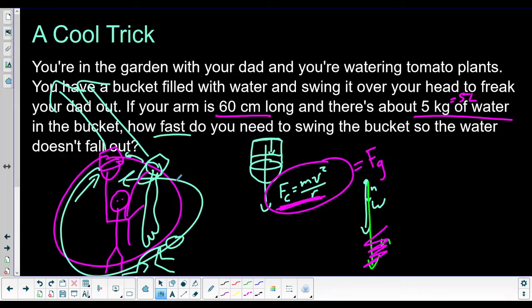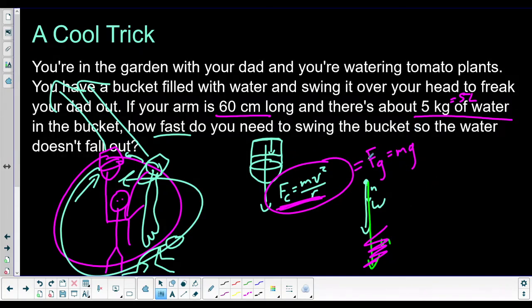You can think of it like we can reduce the normal force by swinging slower, but we can't get rid of gravity. So if it's not going in a fast enough circle, then it's going to fall out of the bucket. And that's where we're going with this. So we just said equal to the force of gravity, which is weight, which is mg.